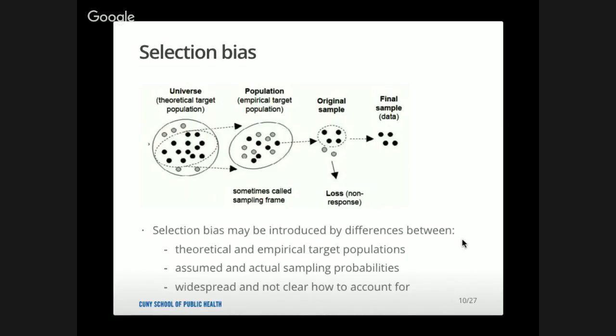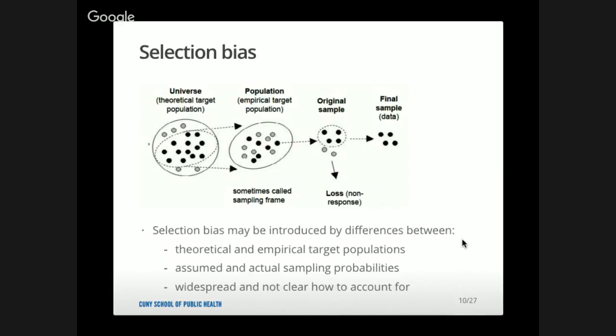And then we have our empirical target population, the ones who we are actually able to sample from. These are the ones with non-zero sampling probabilities, which we call the sampling frame, the ones that we're actually sampling from.